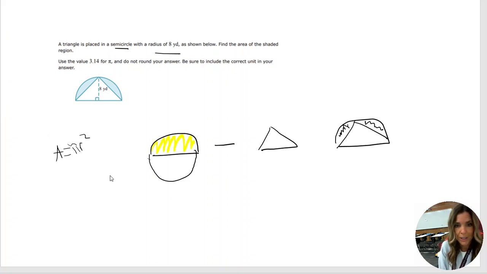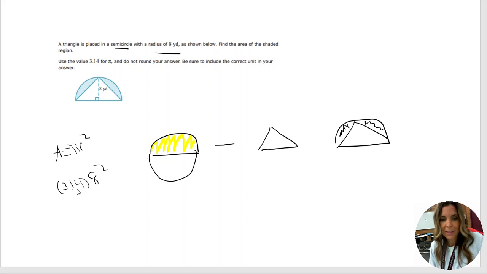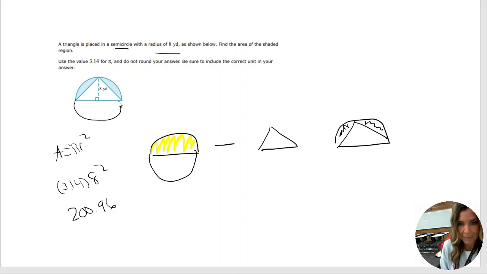So we're going to do 8 squared times pi. 8 squared is 64, times pi, and that's for the full circle. So that's 200.96. That would be if this was a full circle, right? But because it's only half of a circle, we now need to take that number and divide by 2, which gives me 100.48.